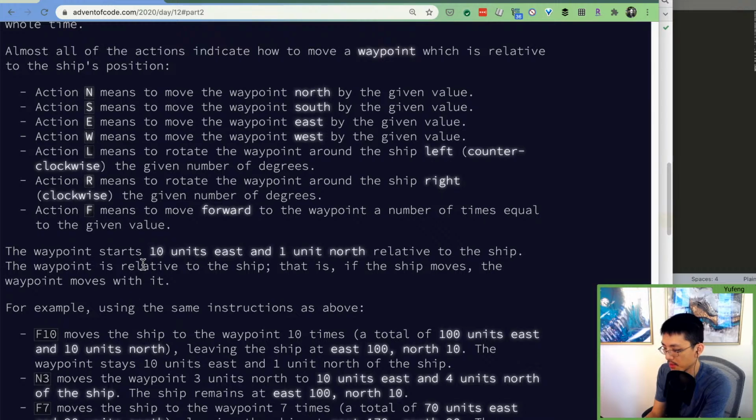And then here's W, the waypoint. Leaving the ship, moves the ship to the waypoint 10 times. A total of 100 units east and 10 units north. Huh.